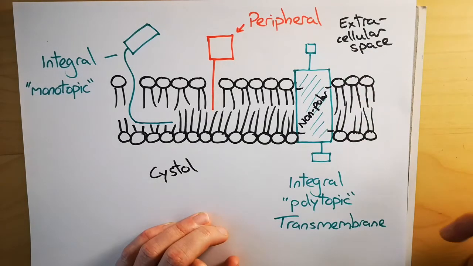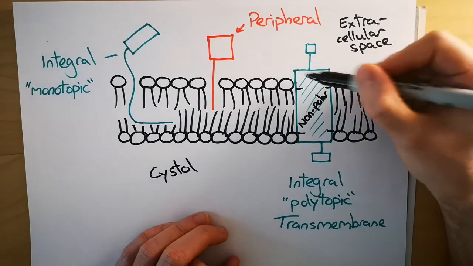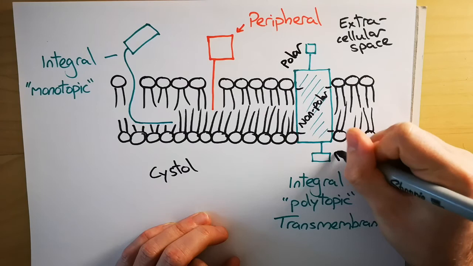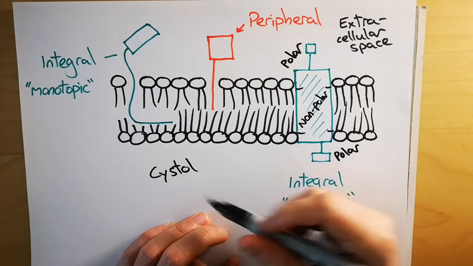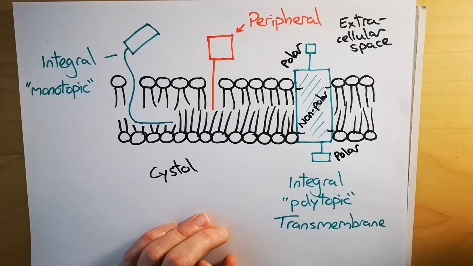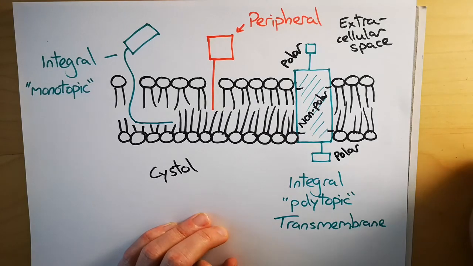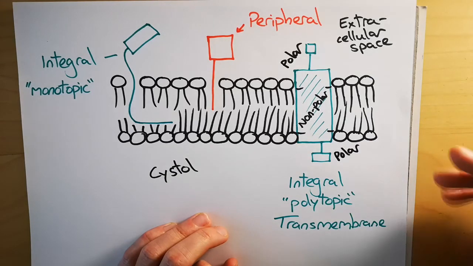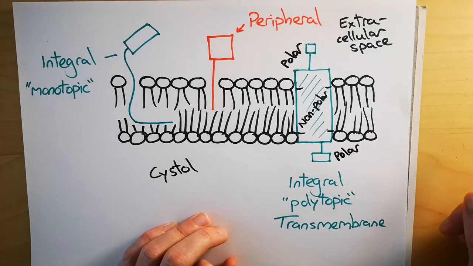It'll want to sit within that bilayer. And these bits here will be polar. And this is the cytosol, so the inside of the cell itself. So those are your definitions and how to view those proteins there.